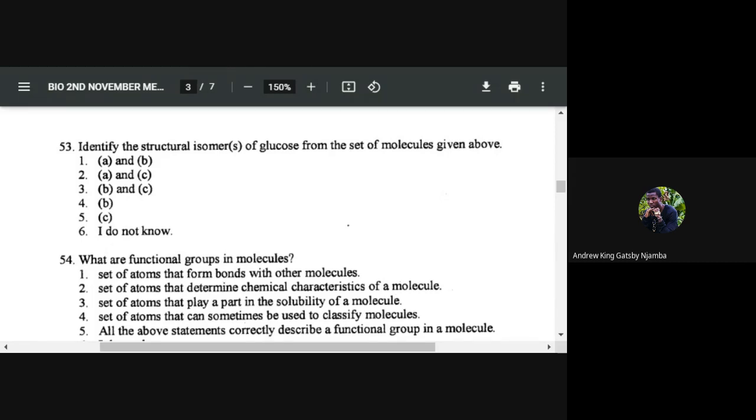If one is an aldehyde, then the structural isomer to that one has to be a ketone, or a ketose in other words.